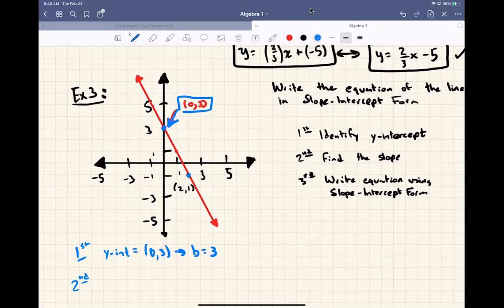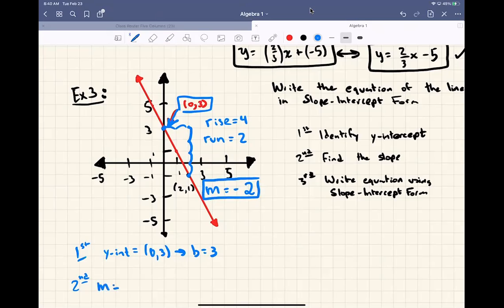We're gonna go up 1, 2, 3, 4. So our rise is 4. And our run is gonna be 1, 2, so 2. That means our slope is 2. But the graph is going down, so it's going to be -2.